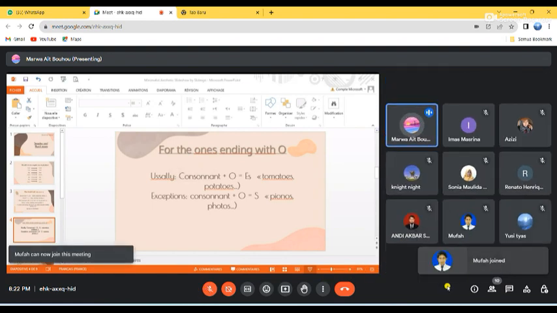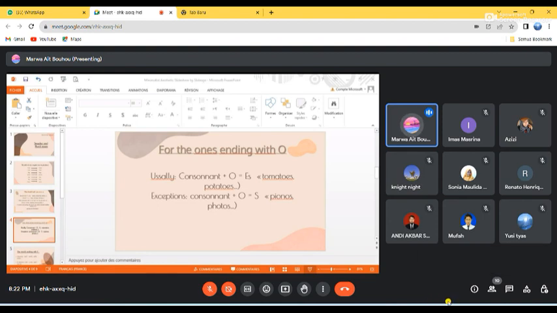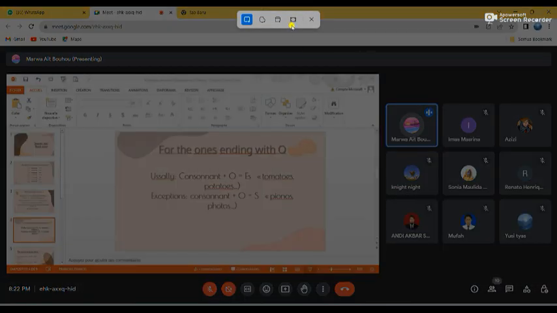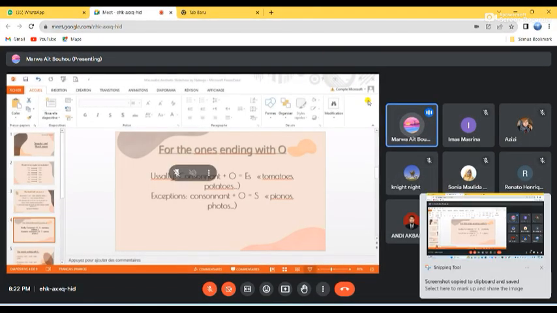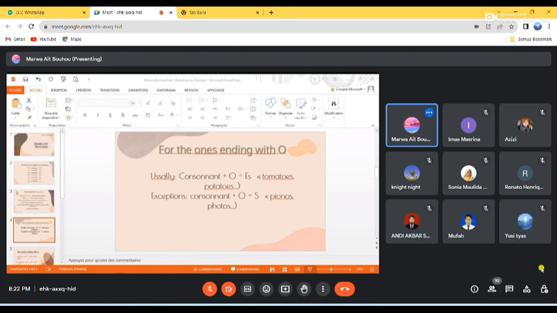The same thing for potatoes. But there's an exception to this rule: sometimes, even if we have this consonant plus O, we don't add ES, we add S, and it becomes, for example, piano, pianos, photo, photos.